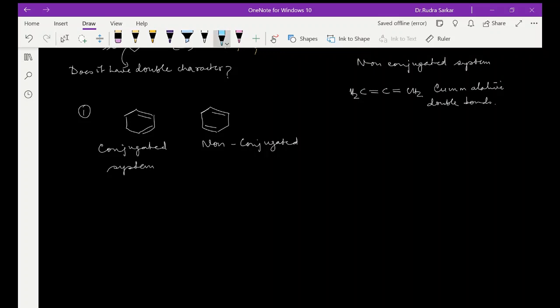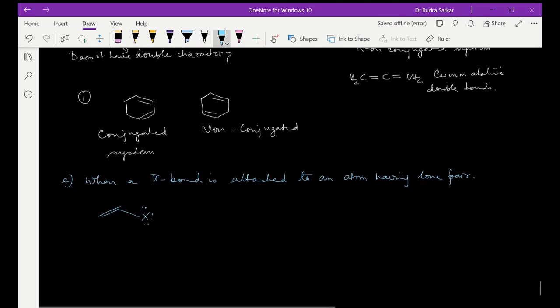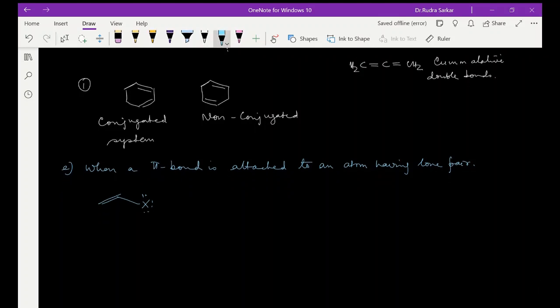Now next topic, which is E. When a pi bond is attached to an atom having lone pair, which means you have a pi electron system joined to X. Suppose the X over here is halogen and it is having a lone pair. Alright.